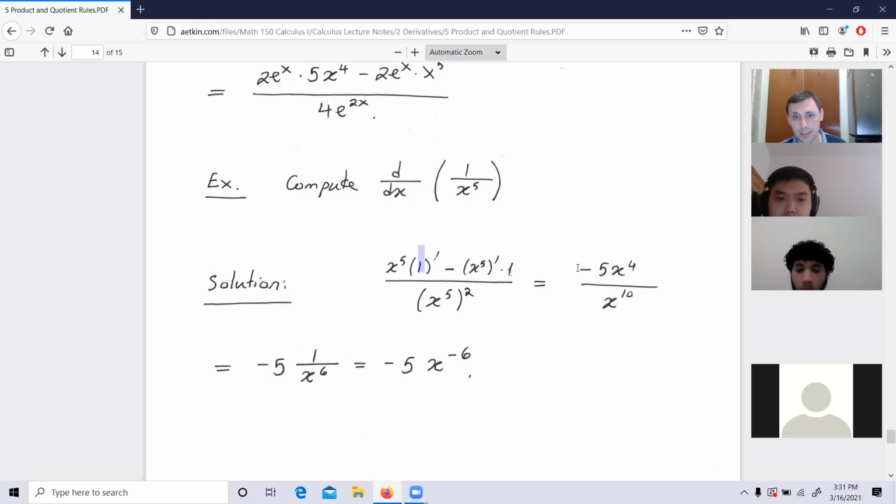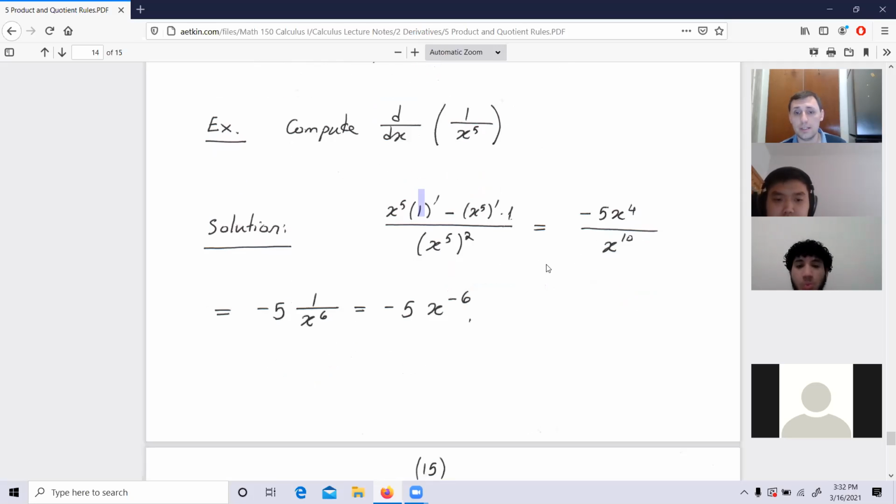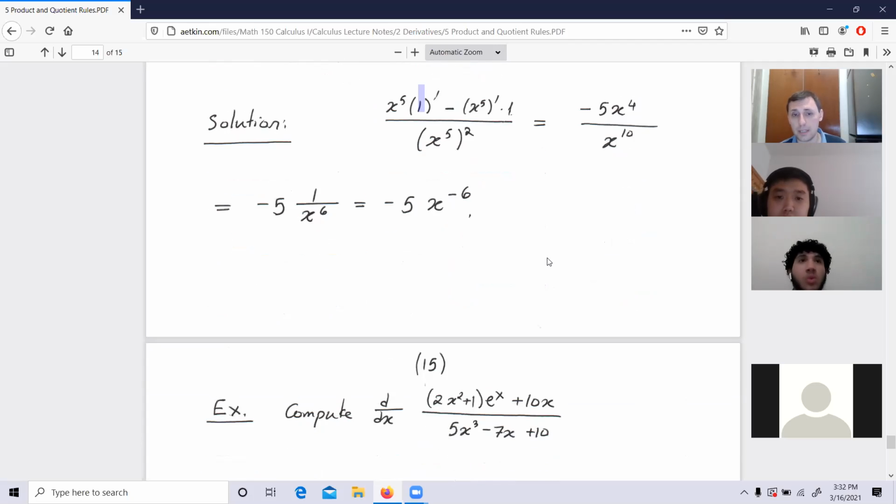The derivative of 1 simply is 0, so we're just left with the derivative of the denominator with a minus, divided by this number squared. So what happens? It simplifies to minus 5x to the minus 6, which was expected.